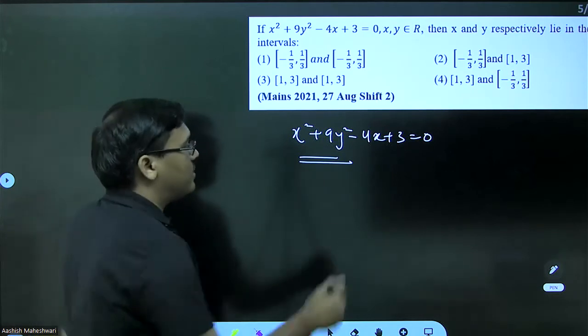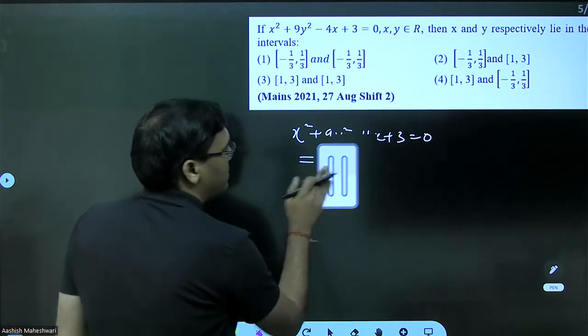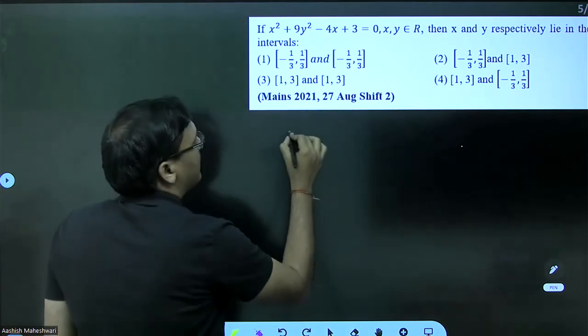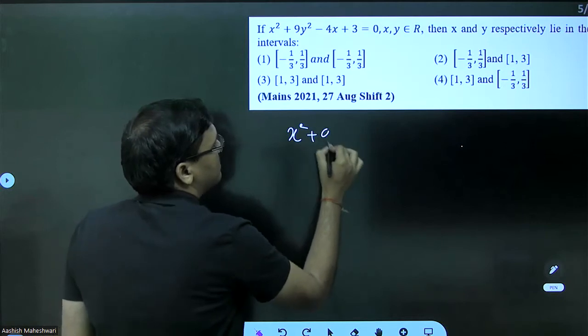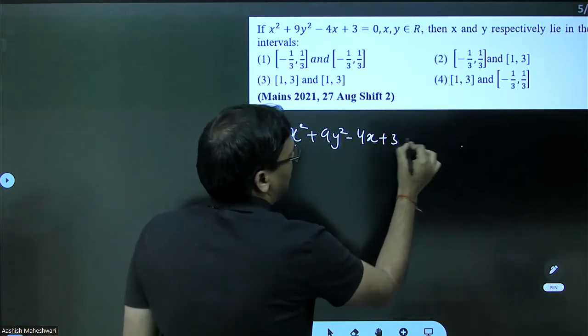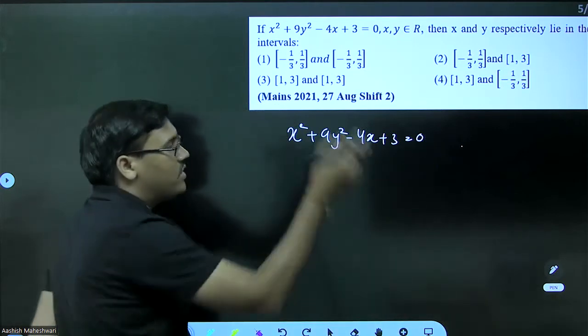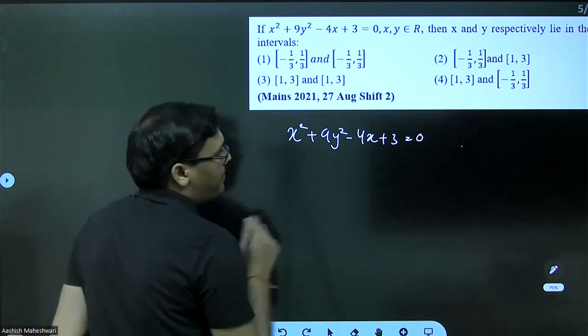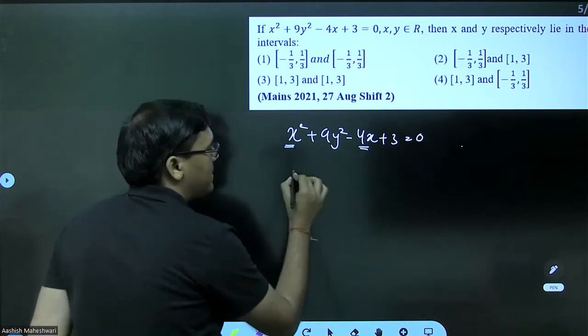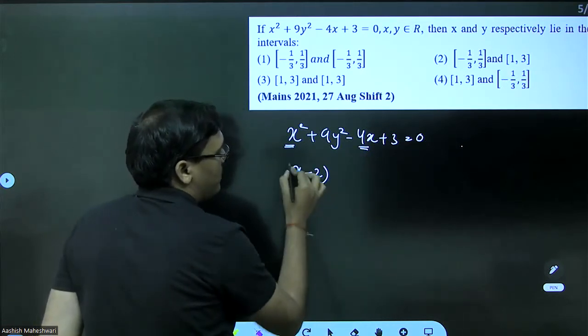How will you convert this? You can see here, I can convert into standard equation by making perfect square. You can see this is x square plus 9y square minus 4x plus 3 equal to 0. Now, how can you convert into standard equation? You can see here. We have x square term, we have minus 4x. So can I say this is x minus 2 whole square?